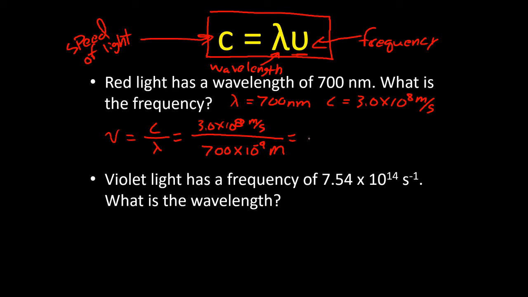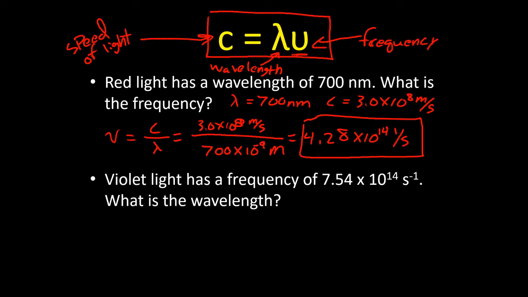So with the correct numbers there, the frequency of red light is 4.28 times 10 to the 14 1/seconds, which is sometimes phrased per second, and also sometimes phrased hertz. So a hertz is a cycle per second, and so it's three different names for the same thing, essentially. It's just reciprocal seconds.